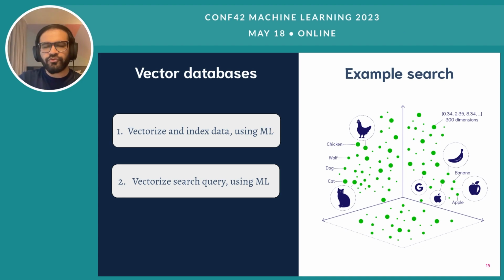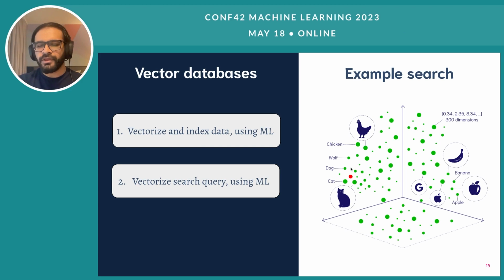So let me show you an example of what querying a vector database looks like. And it's quite different from something like a structured query language query that you would see. So all of the green dots on the right hand side are your data points that are embedded in vector space. Now let's say a user comes along and they have a question. We're going to take that question, that query, and we're going to pass it through the same machine learning model and create a vector for that question, which shows up as that red dot on the right hand side.